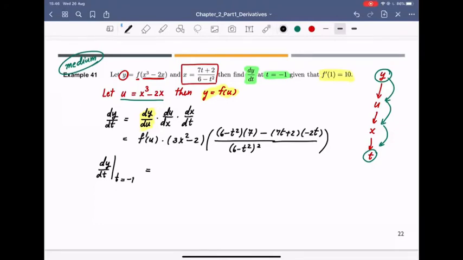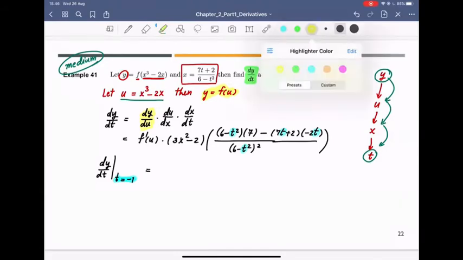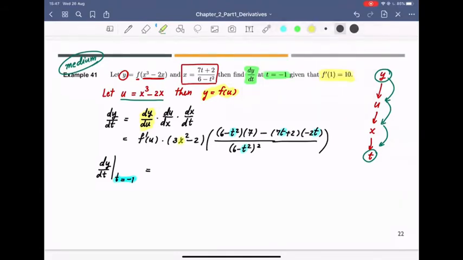How do I find x when t equal to negative 1? The one that I highlighted in light blue is easy because I can just plug in number 1. But the one that you need to think a little bit about is when you see x here. What is your x when t equal to negative 1?